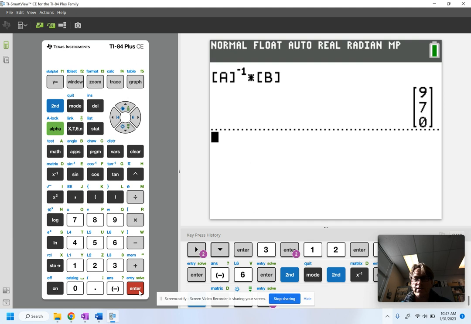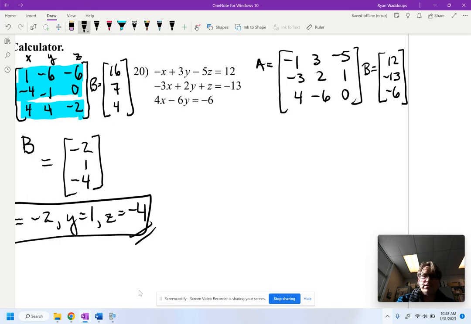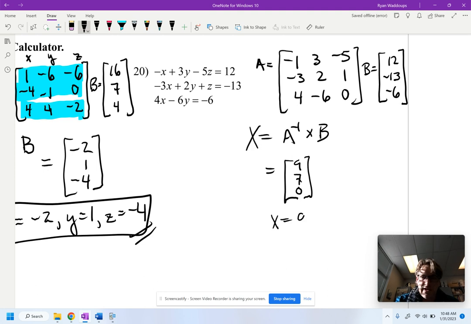We get 9, 7, and 0. So X, which is equal to the inverse of A times B, is equal to 9, 7, and 0, which just means here that x equals 9, y equals 7, and z equals 0.